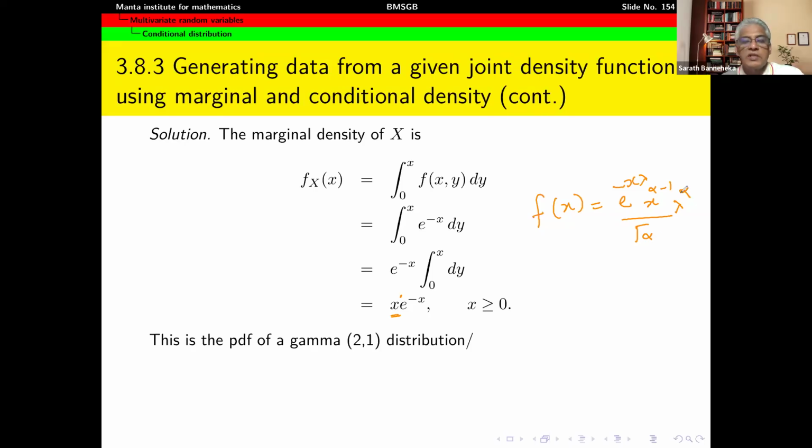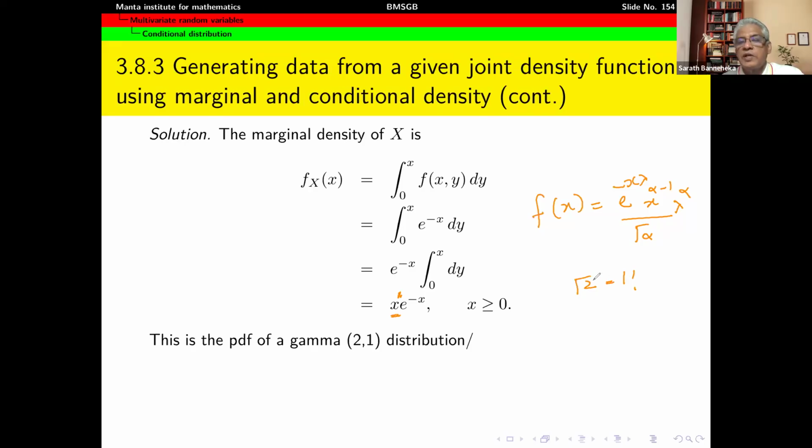In this case, you can see that we have x to the power 1 here. Therefore, alpha minus 1 has to be 1. So alpha is equal to 2. And here e to the power minus x times lambda, where lambda here is 1. When alpha is equal to 2, gamma 2 is equal to 1. Gamma 2 is the same as factorial 1, right?